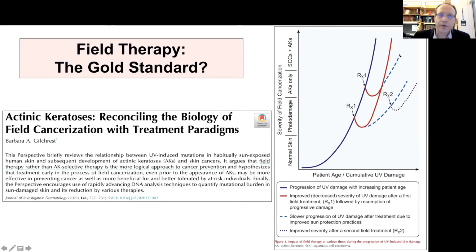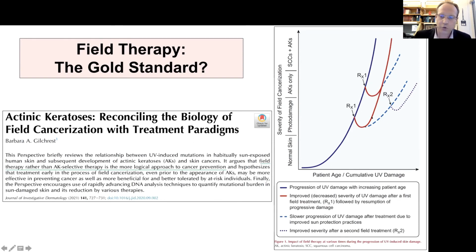But what she argues in this article is, why are we as dermatologists not starting our field therapies when we see photodamage? I showed you the image with the UV light of the amount of photodamage that's subclinical. And so Dr. Gilchrist is arguing, start your first therapy here at photodamage. You see the decrease in red of this UV damage.